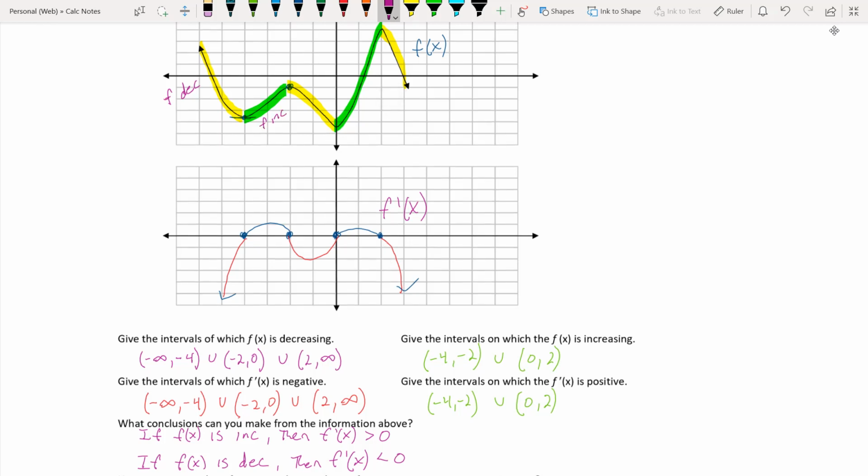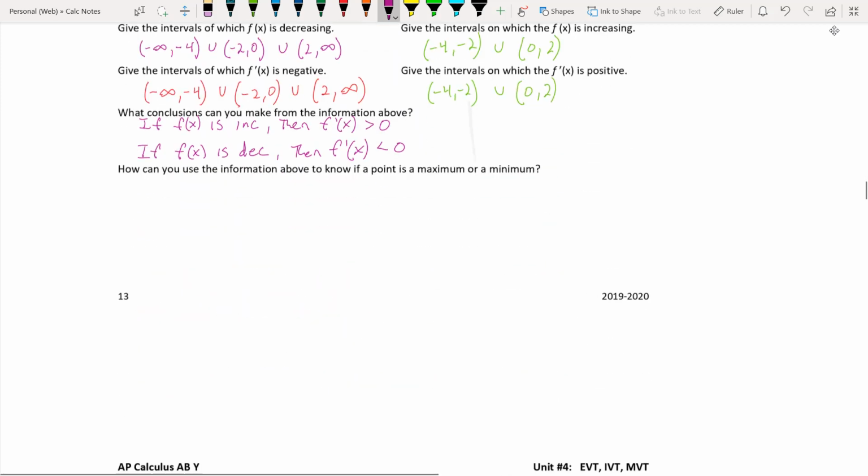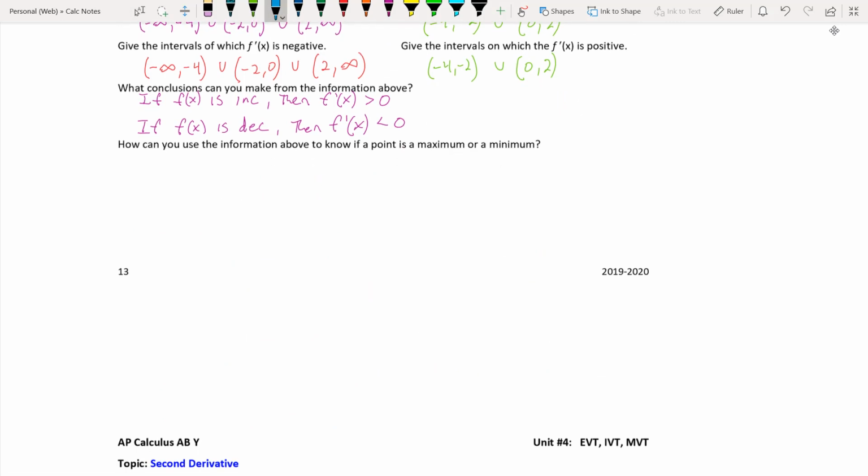And so if f goes from decreasing to increasing, then f prime goes from negative to positive. Okay? And so if f goes from decreasing to increasing, then f would have to have a minimum.